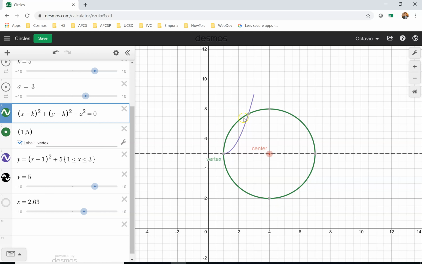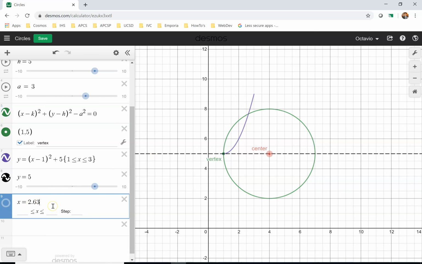I don't want this part of the circle. And right here, the other point where the parabola crosses the circle, I'm looking at its x-coordinate, 2.634. I'm going to make a vertical line that goes up and down by typing x equals 2.634, and there it is.